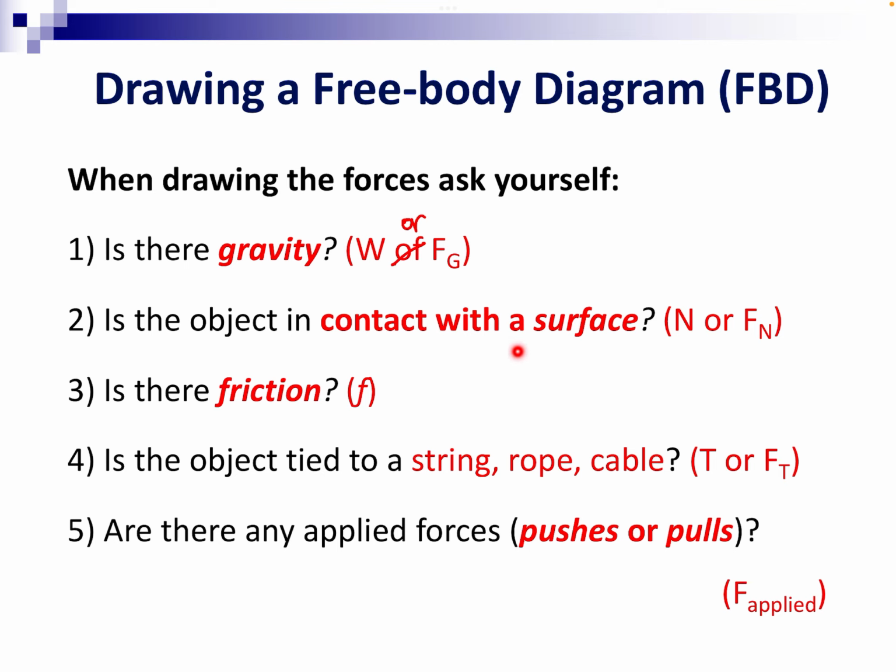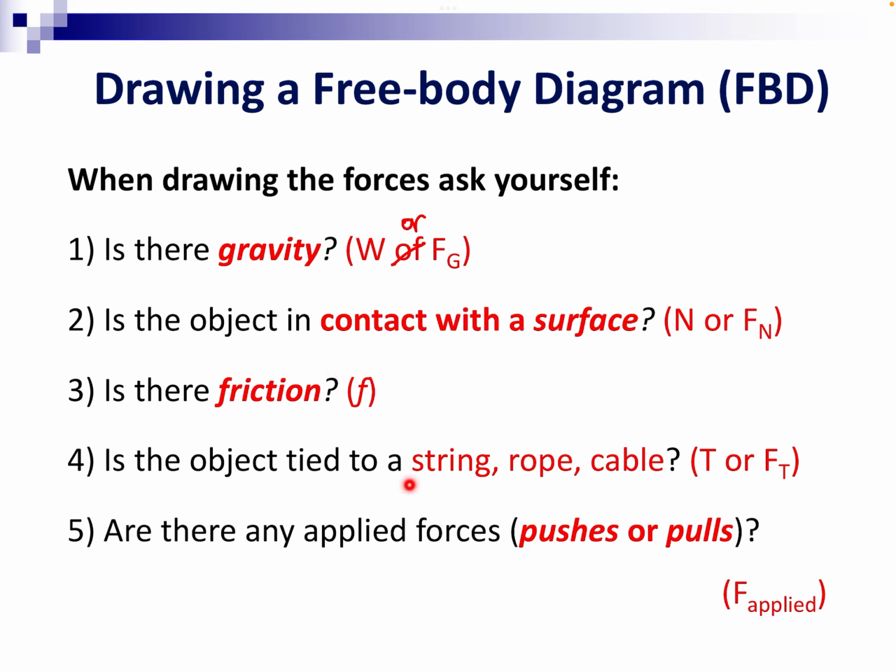If the answer is yes, then you should draw a normal force, because the normal force will be there supporting the object. Is there friction, meaning did it state in the problem that the surfaces are rough? Or that the friction is not negligible. Okay, so if there is friction, you should draw a frictional force, label that force as F.